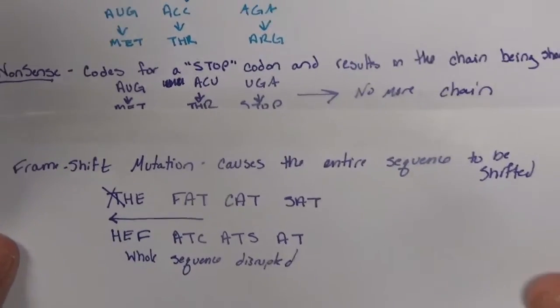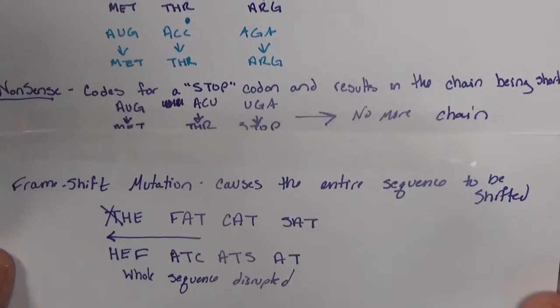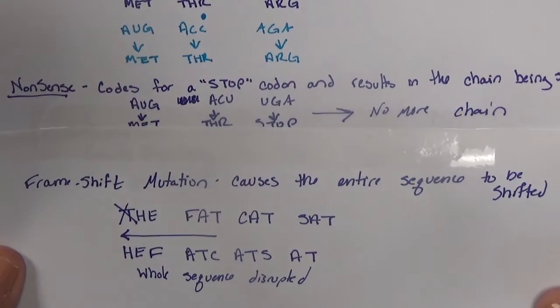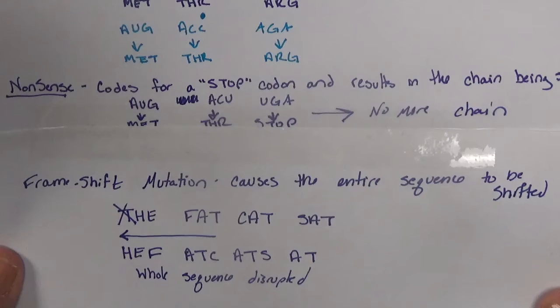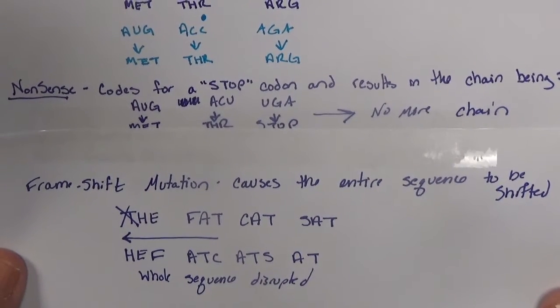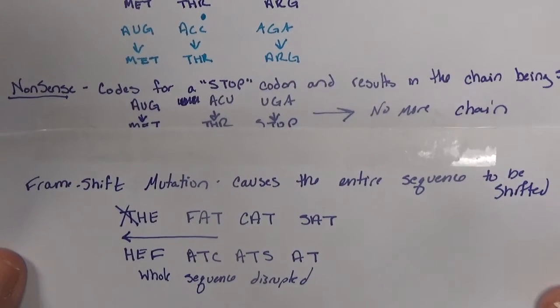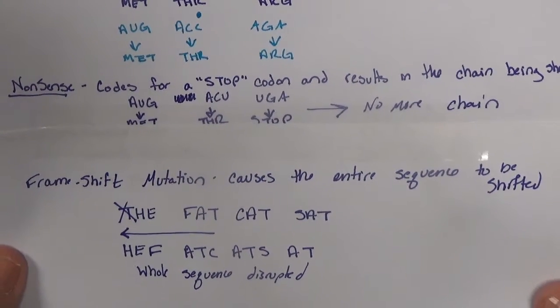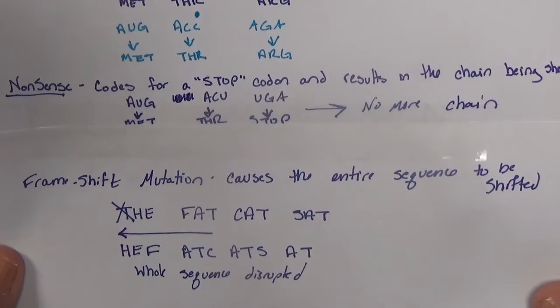happens. And then a frame shift mutation causes the entire sequence to be shifted. This was easier to describe with a sentence. If I said the fat cat sat, if I take out the T and shift the whole sentence upward, you can't even tell what that was talking about. Hef, at.